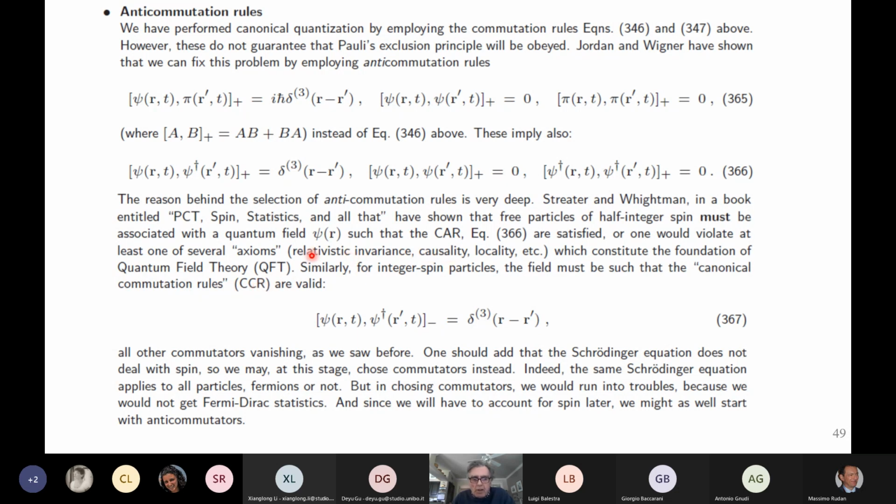This comes from a bunch of axioms, which are relativistic invariance, causality, locality, and so on, which are called the Wightman axioms of any relativistic quantum field theory. So it's a complicated beast.